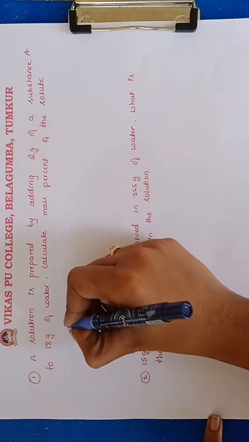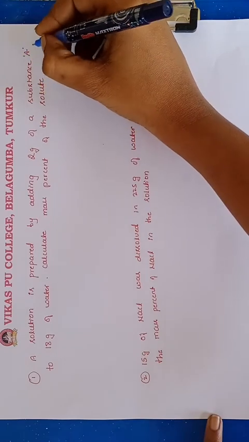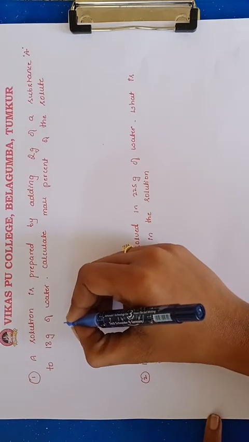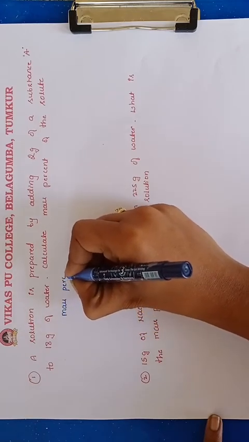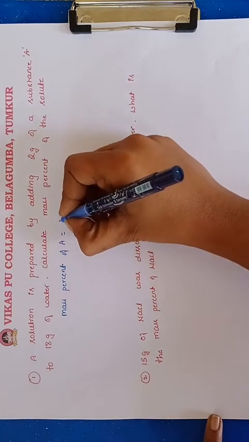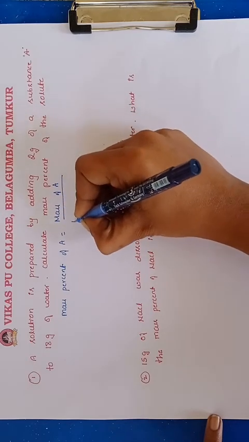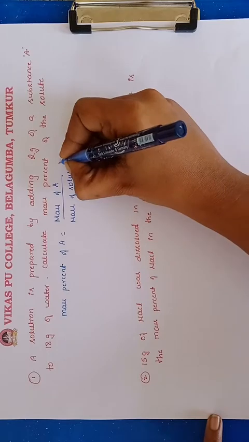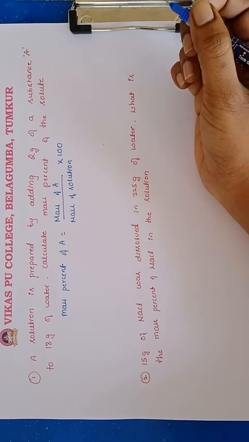We should calculate the mass percent of A, the solute, which is generally represented by A. The formula is: mass percent of A is equal to mass of A divided by mass of solution into 100.